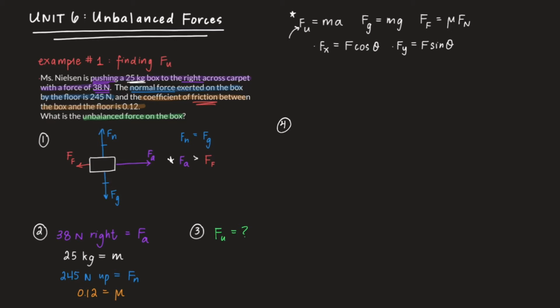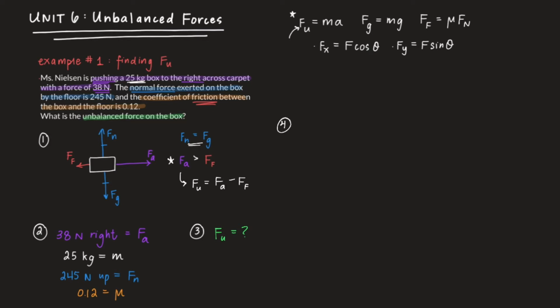So to find the unbalanced force, we're actually going to use that relationship there. We know that Fn is equal to Fg, but we also know that Fa is greater than the force of friction. So to find the unbalanced force, it's just the difference between those two forces. Whoever's winning minus the other force is going to be our unbalanced force.